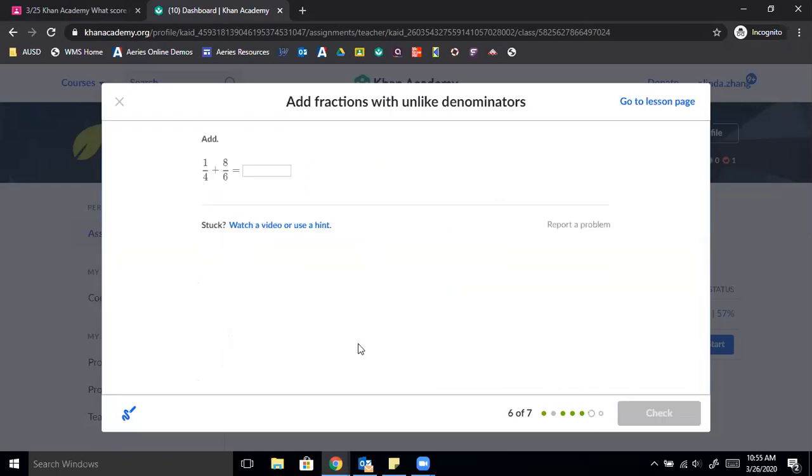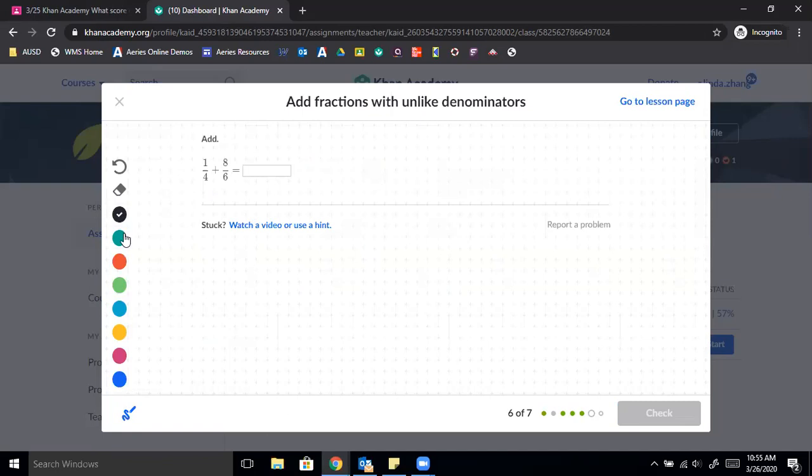Okay, next question. Oh, this is taking me longer than the other one. 1/4, 8/6. That's 12, right? Common denominator. 12. 1/4 times 3 over 3 is 3 over 12.